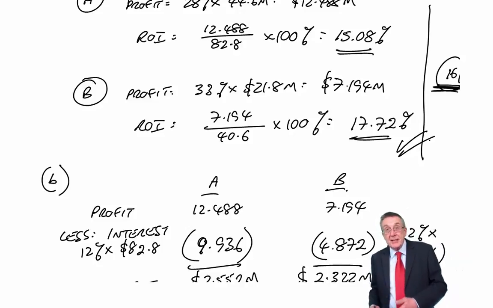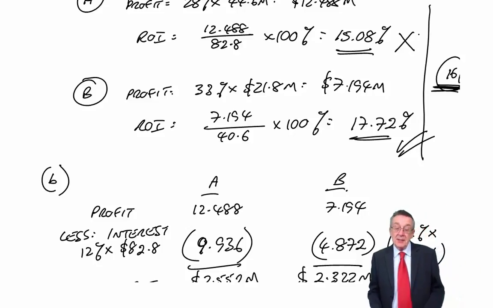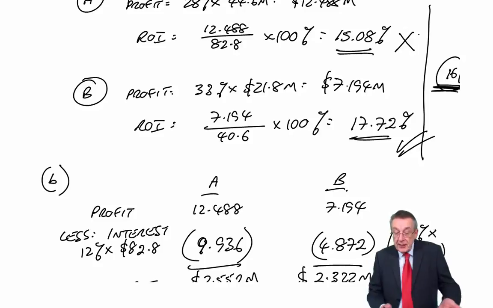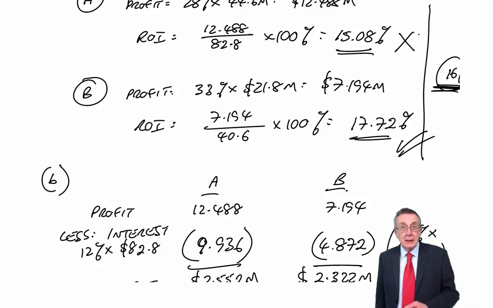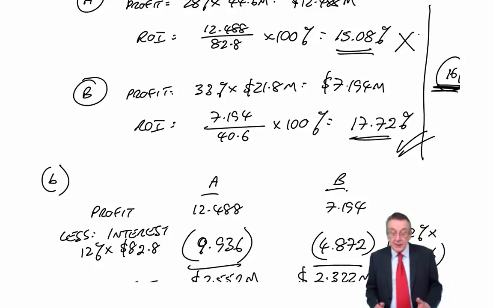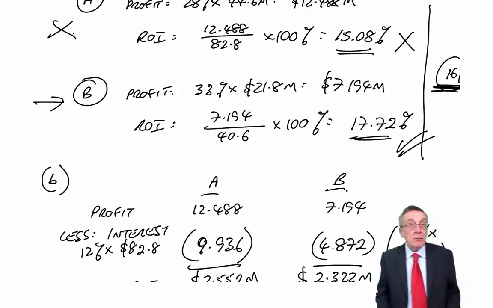It's more than the 16 they're currently getting. But Division A, they would reject that investment. Why on earth would they take that one? They're currently making 16%. This new investment's only giving 15. It'd make things worse. So under the current system, B will take the project, A won't take theirs.